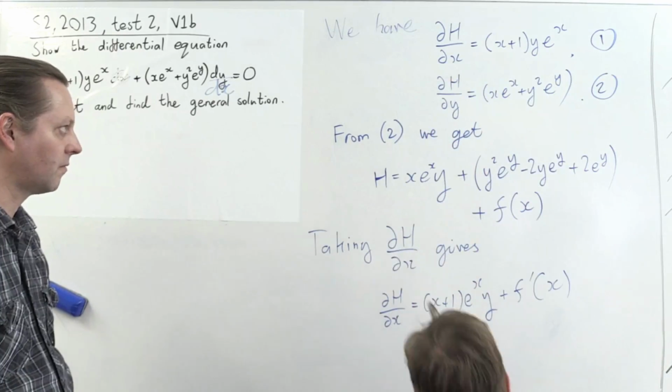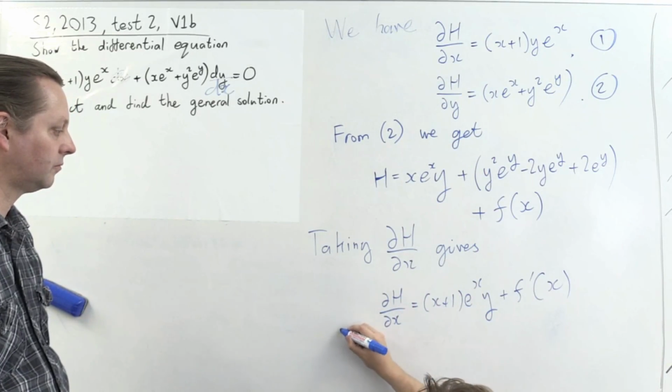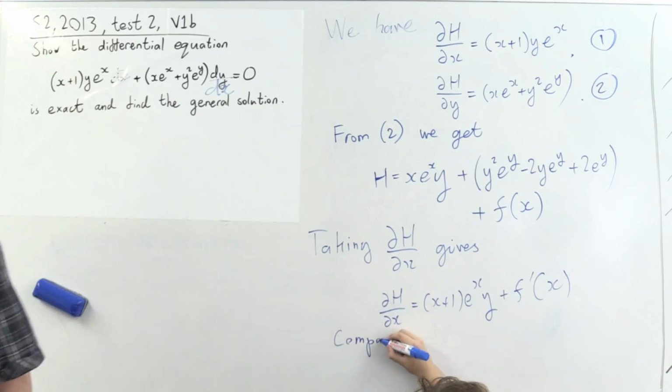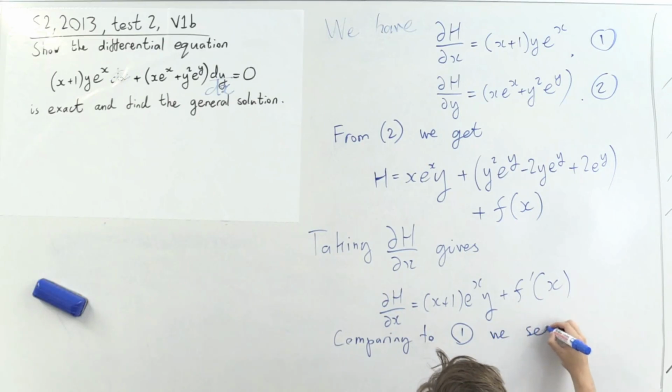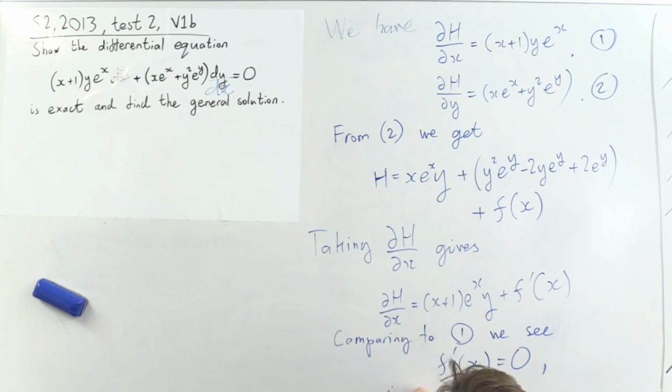So f prime must be 0. Comparing to equation 1, we see that f prime of x equals 0, i.e. f of x is strictly a constant.